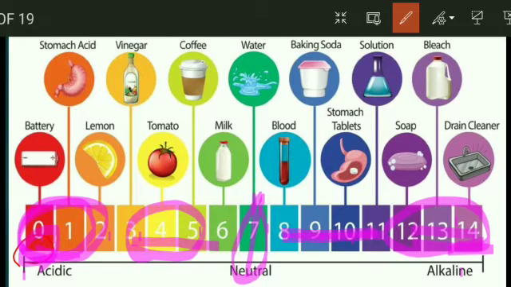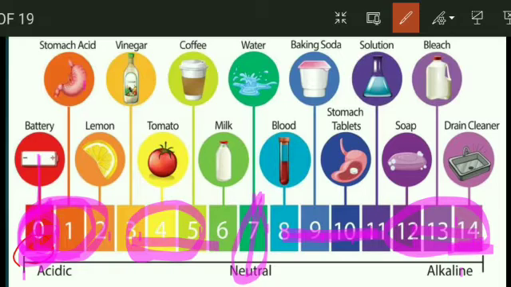Here are the substances which we use in our daily life on the pH scale. Battery acid is 0. That means it's a very concentrated and dangerous acid. And stomach acid: our stomach contains hydrochloric acid, which is a very concentrated acid.